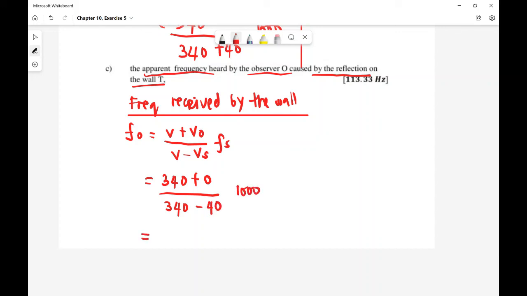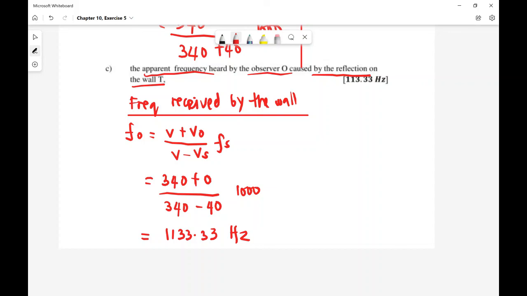So dapat frequency heard by the wall 340 over 340 minus 40 in bracket, times 1000, it is equals 1133.33 Hertz. Ini adalah frekuensi received by the wall.